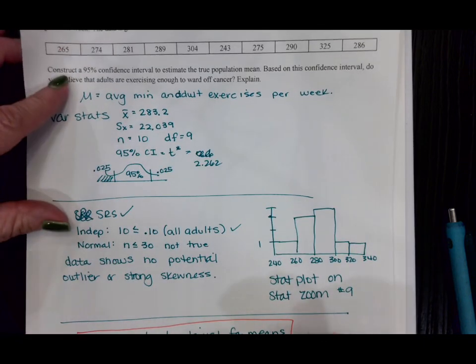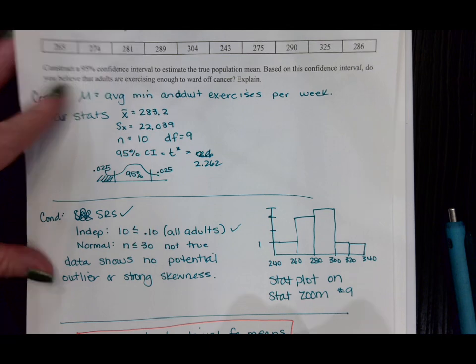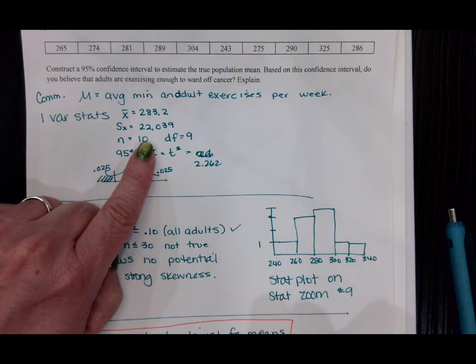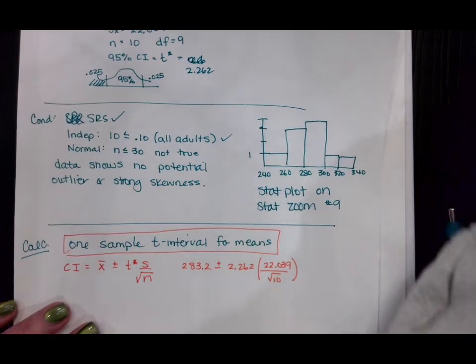I got all this data from my one-var stats. So I know this is 283.2 plus or minus 2.262 times my s value, which is 22.039, over the square root of 10.